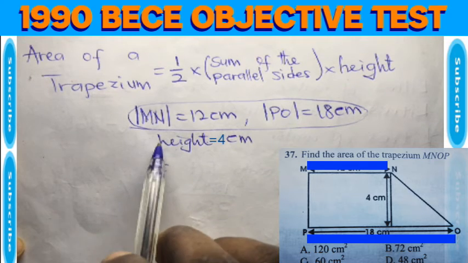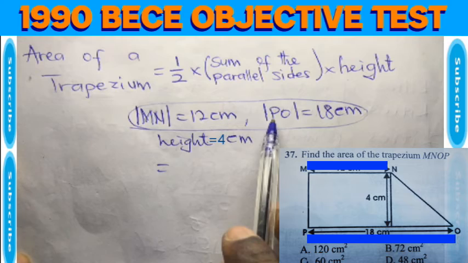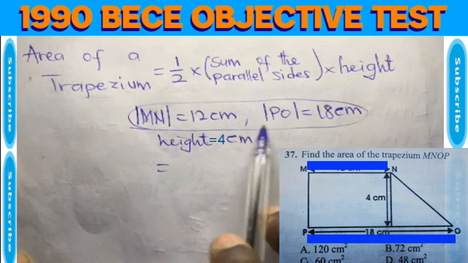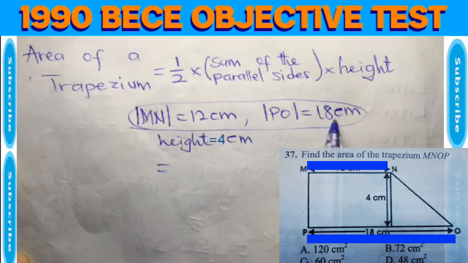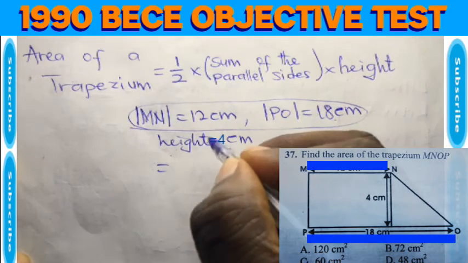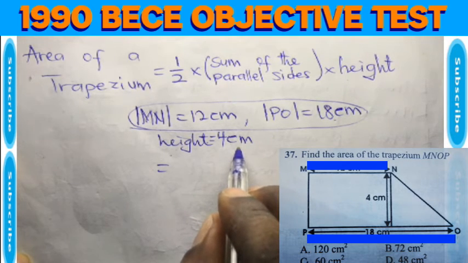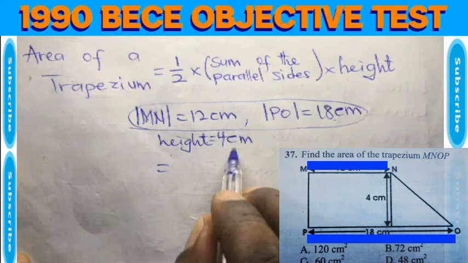By substituting the parallel sides, which are the length of MN and the length of PO, 12 centimeters and 18 centimeters respectively, and then the height of the trapezium, which is 4 centimeters.